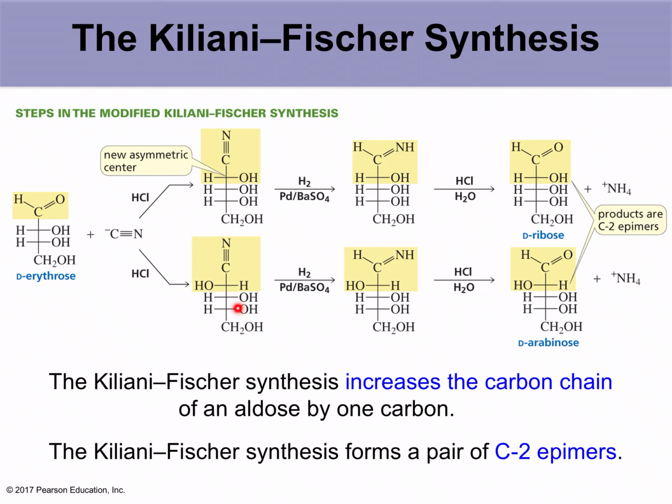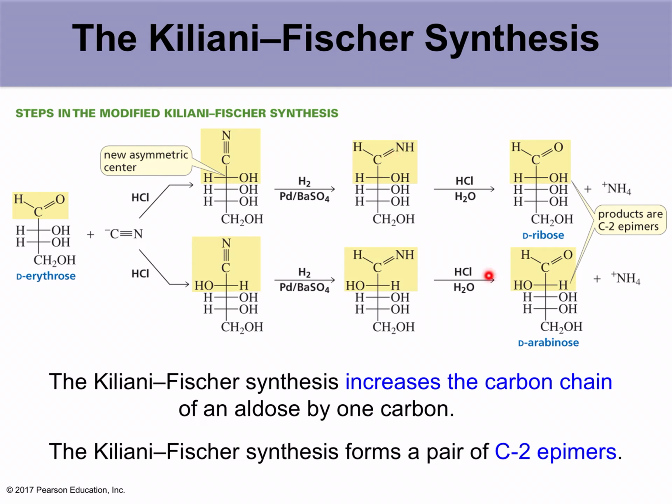In this process you can have both epimers. The OH group can be on the right, and the OH group also can be on the left. So both can be formed with a new asymmetric center. And then you do the reduction with hydrogen, palladium and barium sulfate. So the carbon-nitrogen triple bond will end up being a double bond, and the carbon will pick up a hydrogen. Then when you further react this with hydrochloric acid and water, this becomes a carbonyl group.